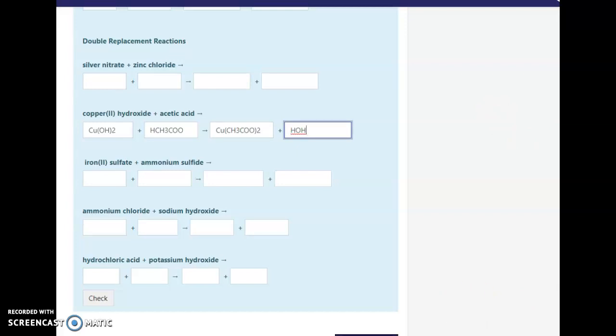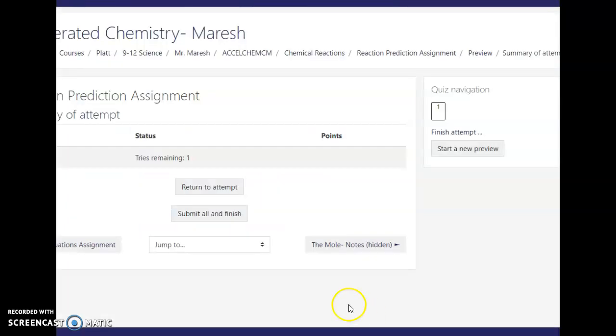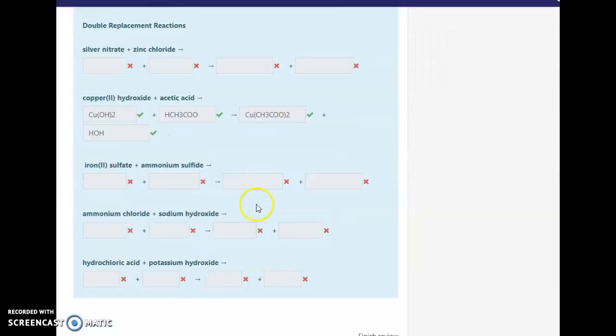And the computer will recognize it correctly this time, I'm hoping, because it's right. And there we go. Everything is correct.